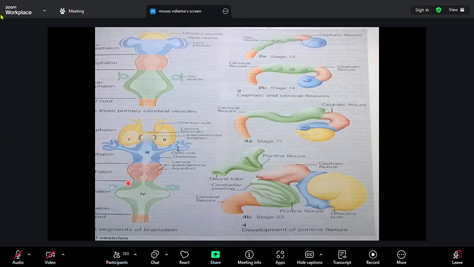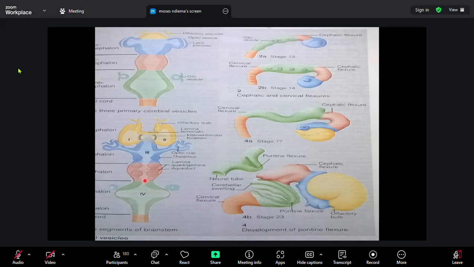And then for the rhombencephalon, we have the fourth ventricle. All of them are lined by ependyma. And for the spinal cord, we have a central canal. So this is where we have the lumen developing into the various ventricles.